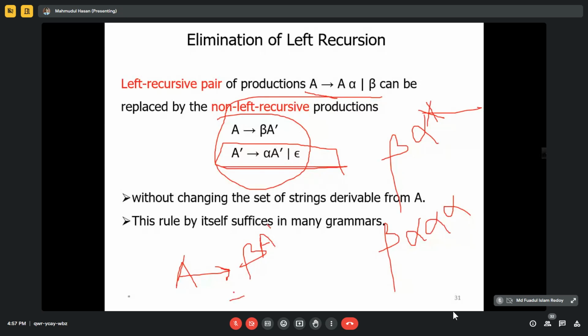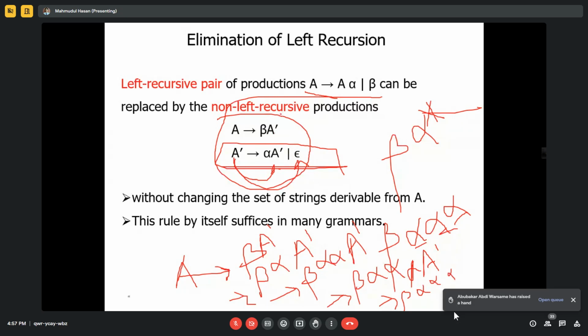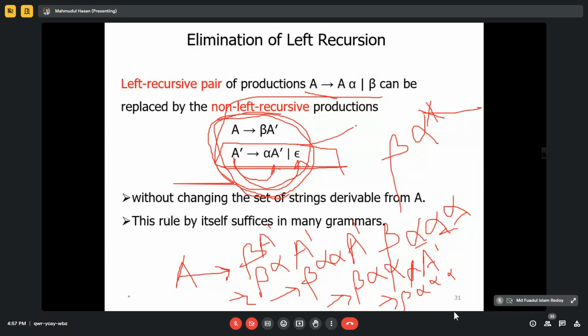Then you need alpha, so A dash to alpha A dash, that means beta alpha A dash. You need another alpha, so beta alpha alpha A dash, and another alpha, beta alpha alpha alpha A dash. We don't need more alpha, so you can replace this A dash with epsilon. That is beta alpha alpha alpha. So with those production rules, it is possible to generate a string like this.